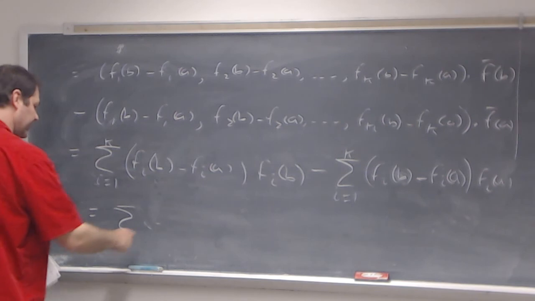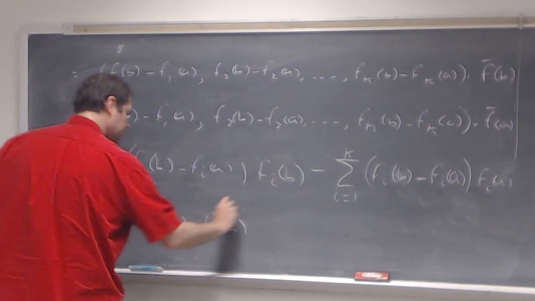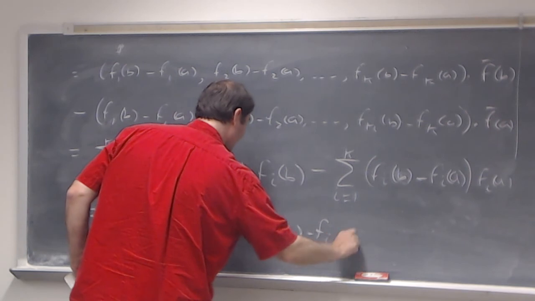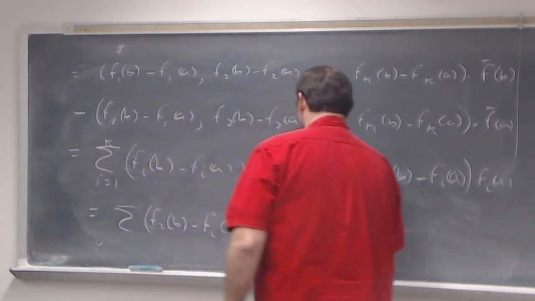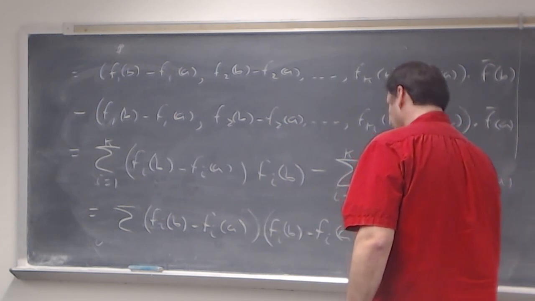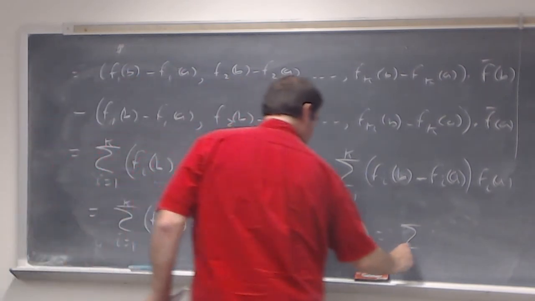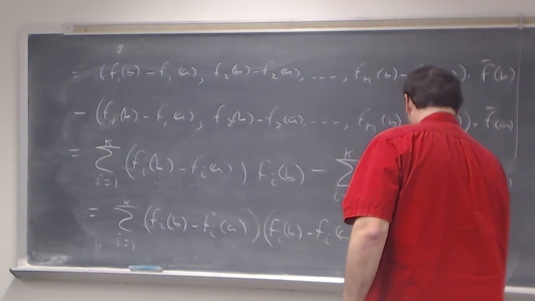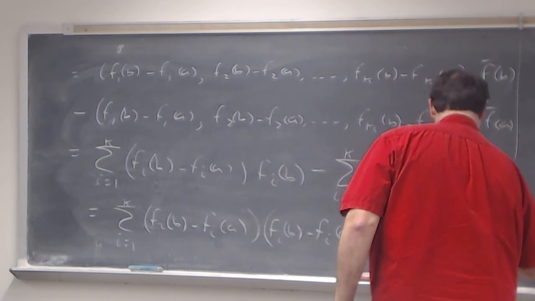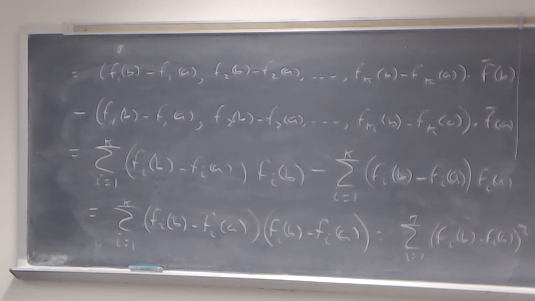And so we can factor that out, and we have F sub I of B minus F sub I of A. And then what we'll be left with for each term is F sub I of B minus F sub I of A. Well, the same thing times the same thing is nothing more than, as I runs from 1 to K, F sub I of B minus F sub I of A, quantity squared. And that is, if we were taking the square root, we have the norm.